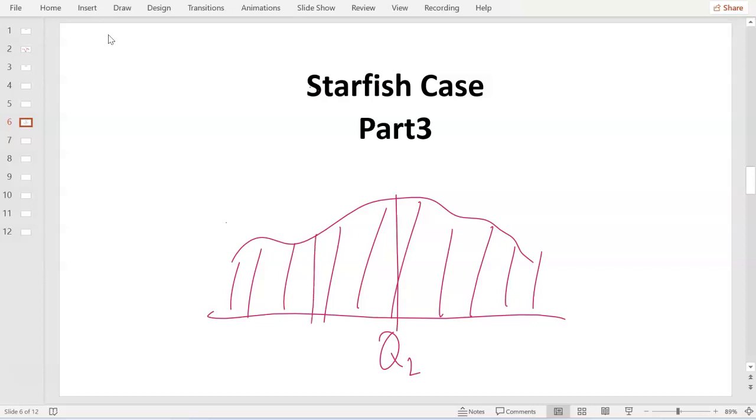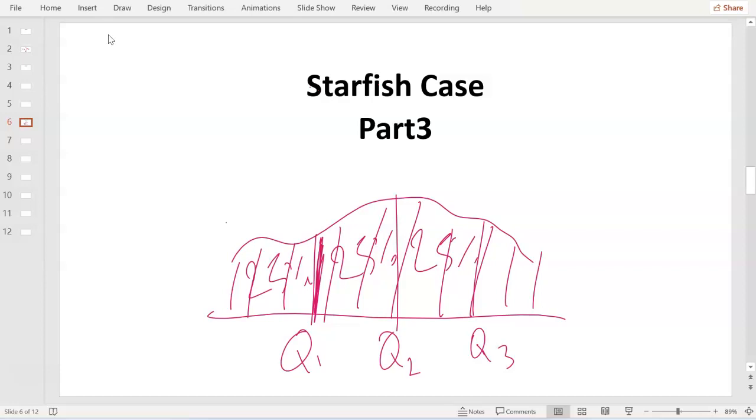Then if we do half of the first half is Q1, and half of the second half is Q3. So less than Q1, that's 25% of the total. Between Q1 and Q2, that's 25%. Between Q2 and Q3, that's 25%. And between Q3 and maximum is 25%. So the middle 50% is between Q1 and Q3.